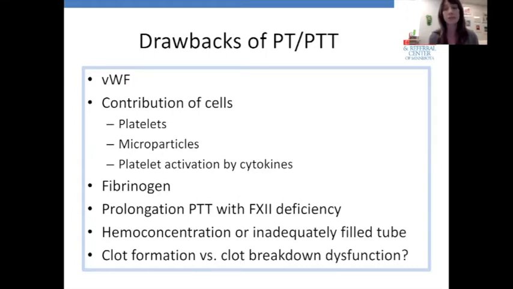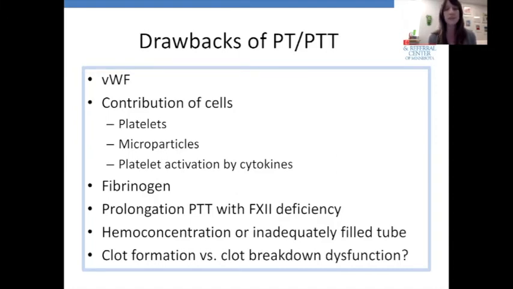It's great to know what PT and PTT are, but there really are a lot of holes in those testing abilities to evaluate clotting globally or clotting in the patient. PT, PTT also don't assess for fibrinogen, which is really important. That's the protein that is a precursor for fibrin, obviously, and that's really our meshwork of clot.